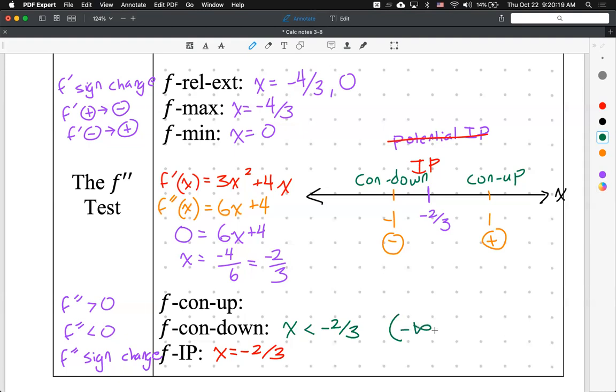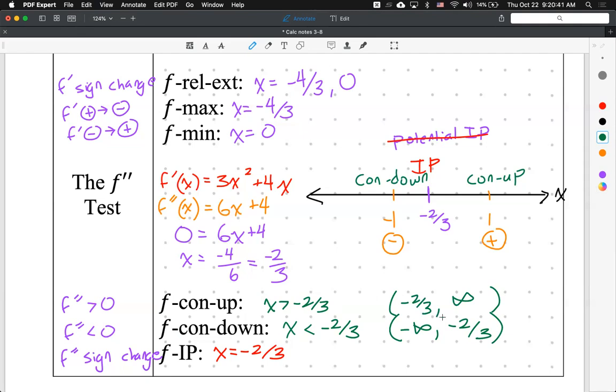Negative infinity to negative 2/3. Yeah, exactly. Thank you. And then Fiona, concave up. Perfect. And interval notation. Infinity. Perfect. There it is.